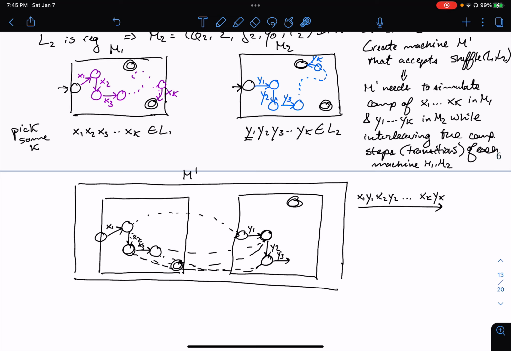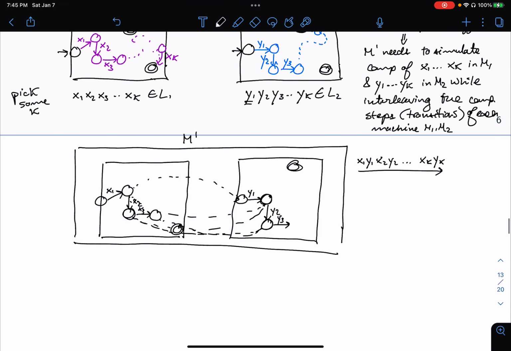Well, you need to essentially keep track of whether you're reading a string in M1 or M2, okay? And you also need to make sure that you're reading them simultaneously. So to do that, what you can do is create states of M prime as tuples.